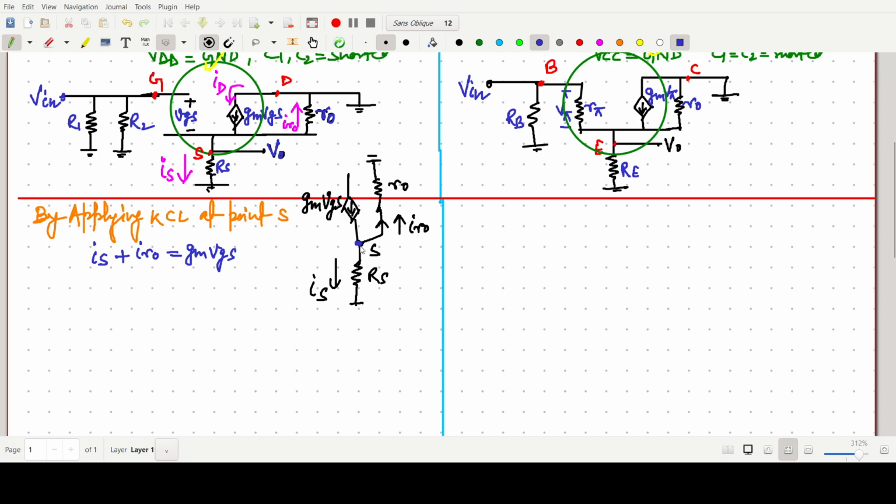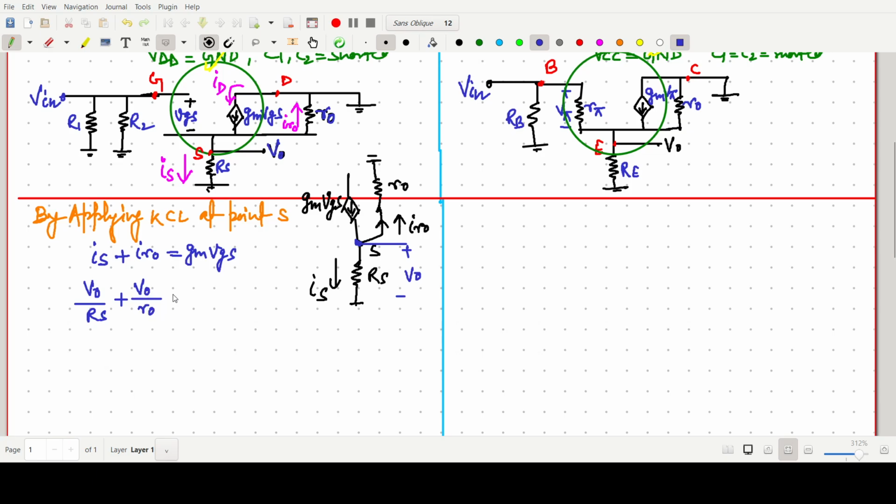Now IS we can say, because this potential is V naught, so IS can be written as V naught by RS, and this current is V naught by R naught.